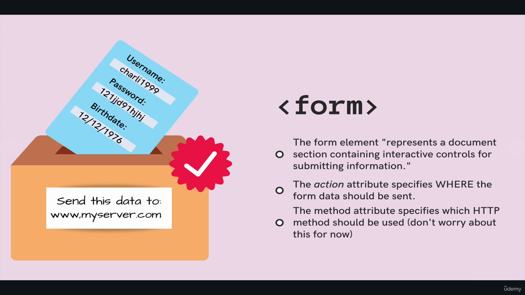So we can specify, send this data from the form to my server, or send it to, I'll show you a demo, we could send data to Reddit's server if we wanted to. We can send data, I won't say wherever, but we have a lot of flexibility. And that form element, the parent form element we define that we wrap around everything else, is where we specify how the data should be sent and where.